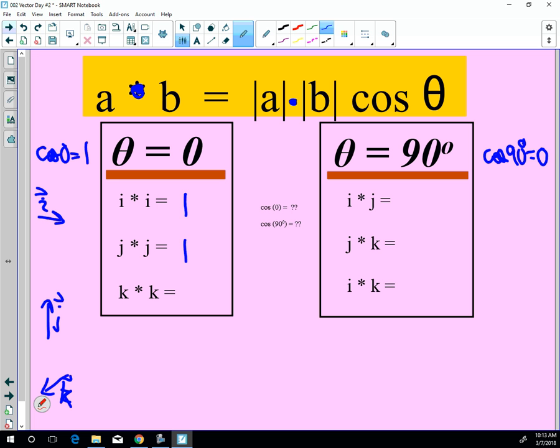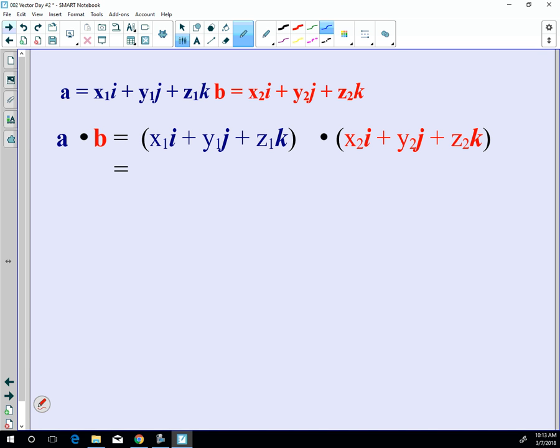What's k dot k going to be? 1, because the cosine of 0 is 1. What's i dot j going to be? That's going to be 0, because the angle between them is 90. j dot k will be 0, and i dot k will be 0. So far, so good.